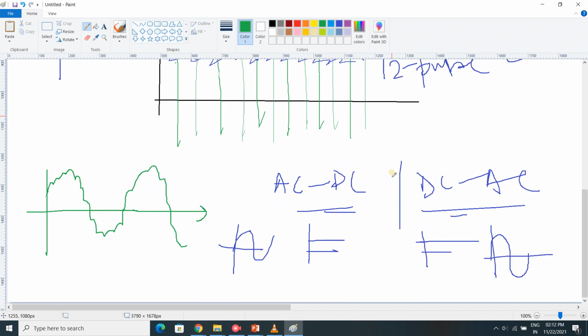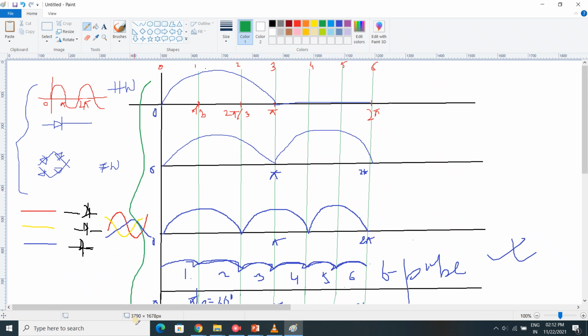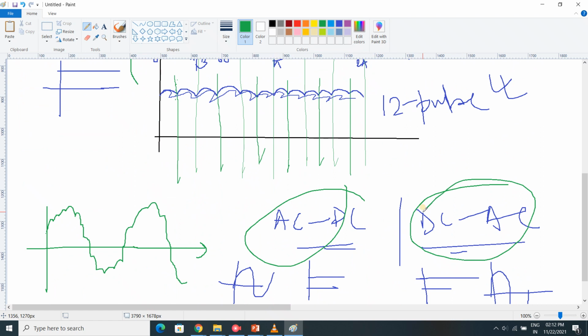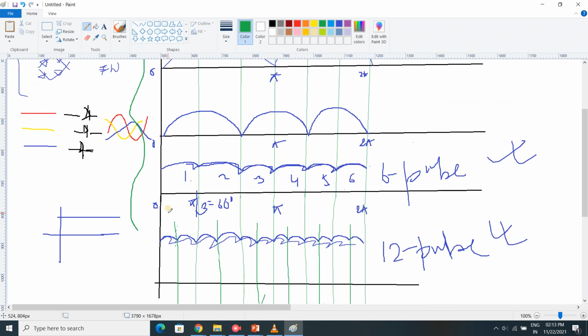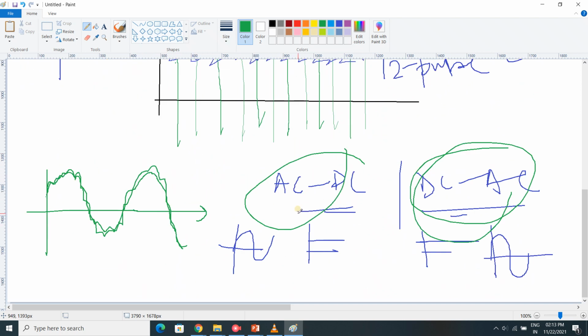So in 12 pulse, the example I have shown you in this waveform is only for AC to DC, the rectification. The opposite one, the inverter portion, I have not shown you, because in the inverter portion you will see that with the influence of harmonics we get this distorted AC, just like in 6 pulse we get this distorted DC, but in 12 pulse we almost get a smooth curve.